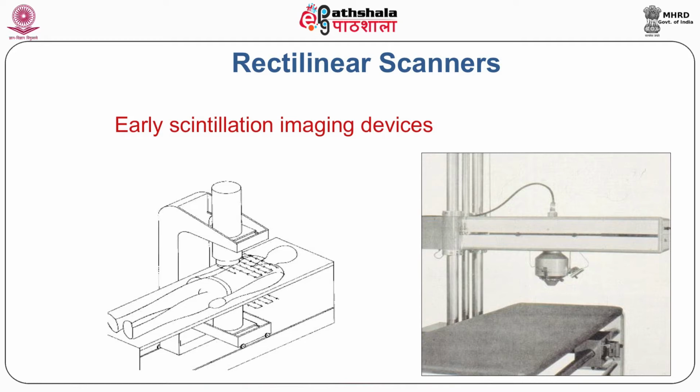This probe moves all around the patient, and as and when it detects photons, it gives a hit on that particular page or device. In this way you can diagnose, okay, this is a region where the number of photons coming is much more, so there may be certain problems in that area.